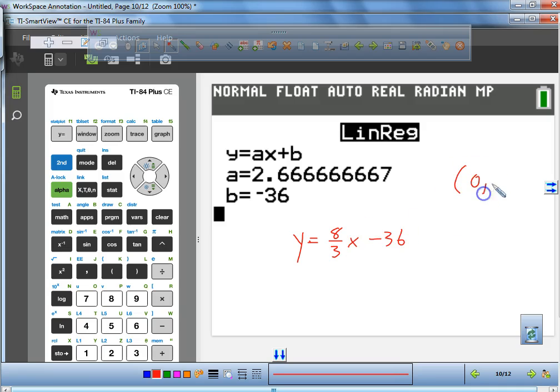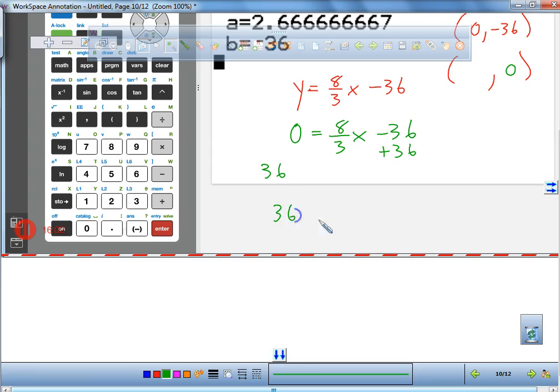Your Y-intercept is 0, negative 36. Your X-intercept, what do we have to make our Y value equal to? 0. So here we go. 0 equals 8 thirds x minus 36. I have to add a 36 to this side, and add a 36 to this side. So 36 equals 8 thirds times x. What's the reciprocal of 8 over 3?